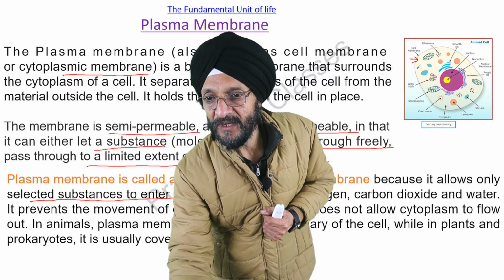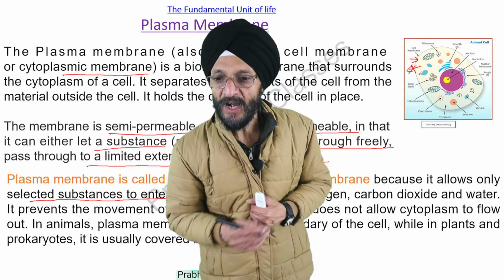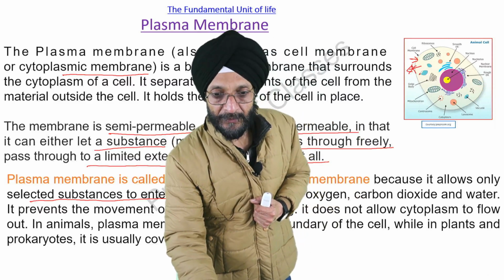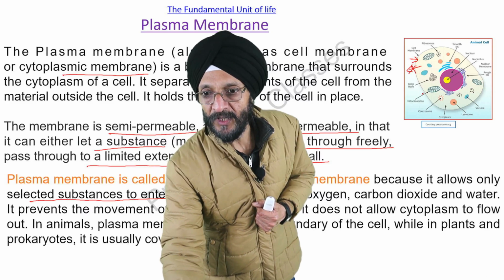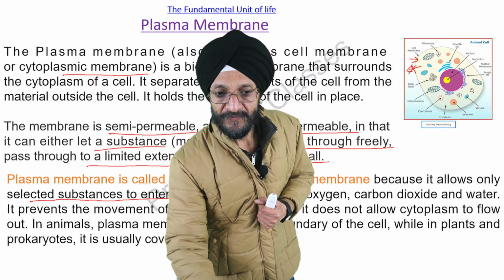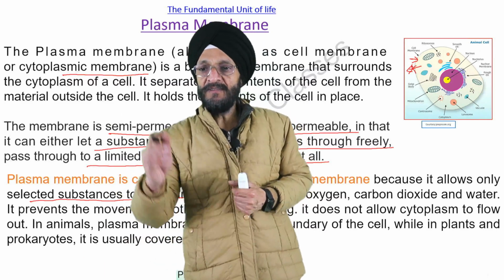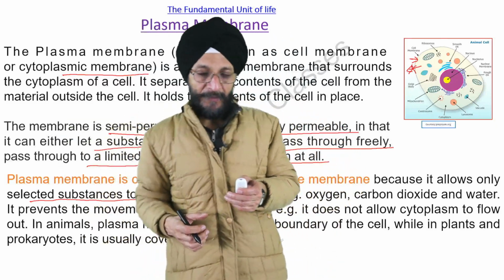So the cell membrane does not allow the cytoplasm to move out of the cell. In animals, plasma membrane is the outer covering of the cell, while in plants and prokaryotes, it is usually covered by a cell wall, which is the outer covering outside the cell membrane.